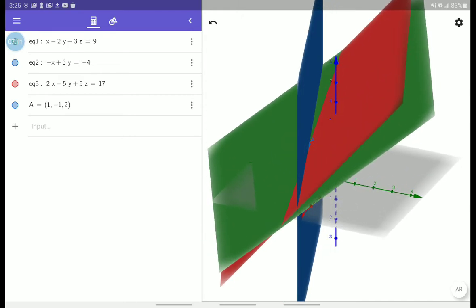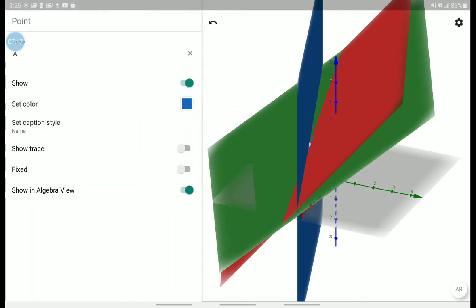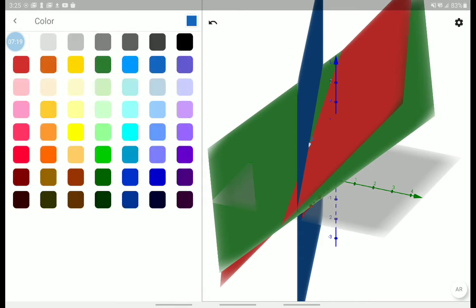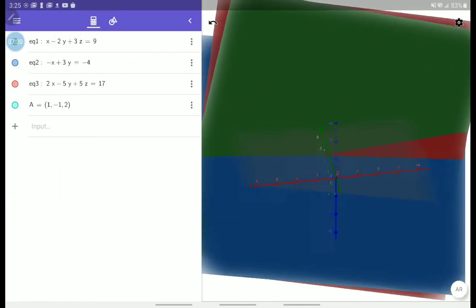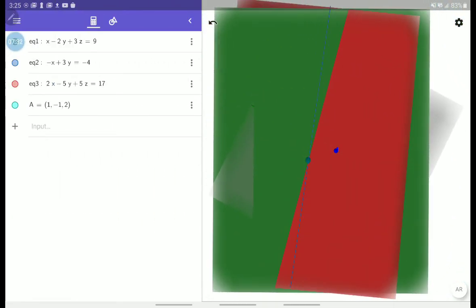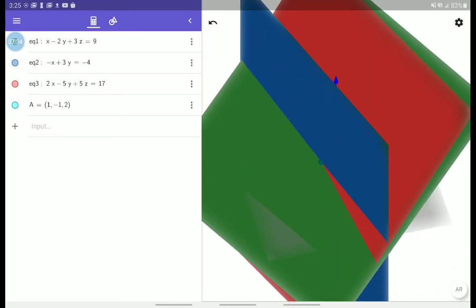We found algebraically the intersection point is (1, -1, 2). When I plug that in, let me change the color on that so you can see it a little bit better. There it is right there.